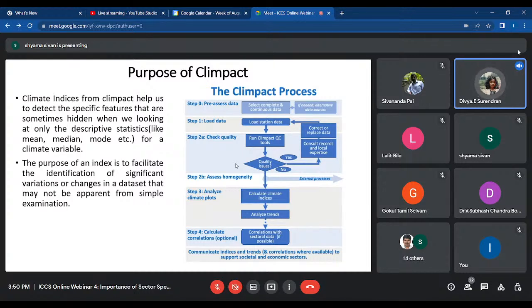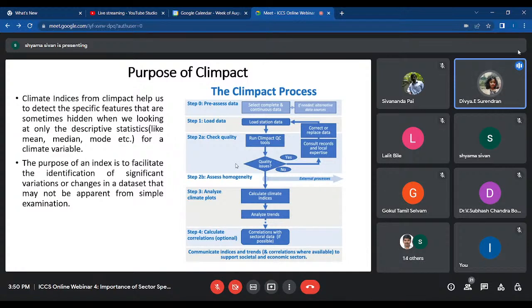Suppose a very heavy rainfall happened on a particular day, so the value will be very high compared to the previous and the following day. It will show that an outlier has occurred, so we have to verify whether it actually occurred or not. If it actually occurred, we can go ahead with the data.